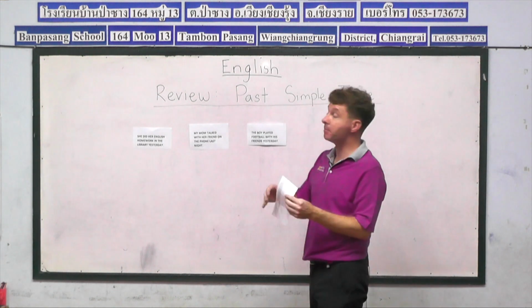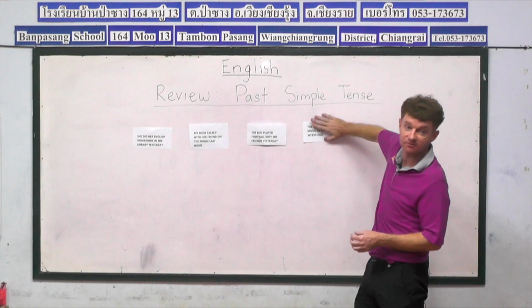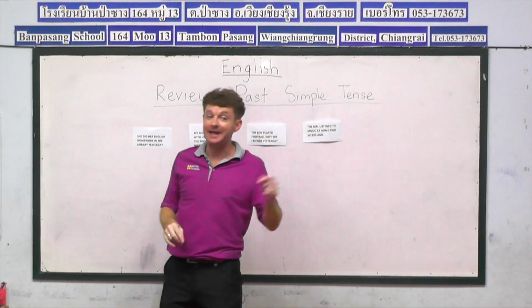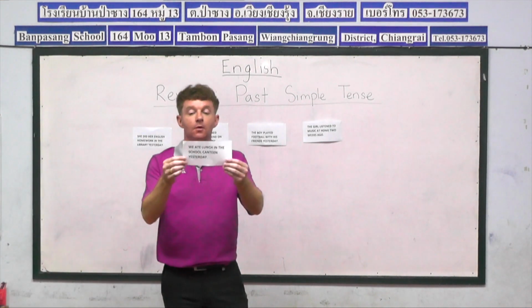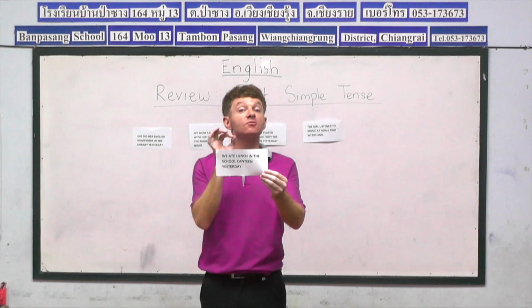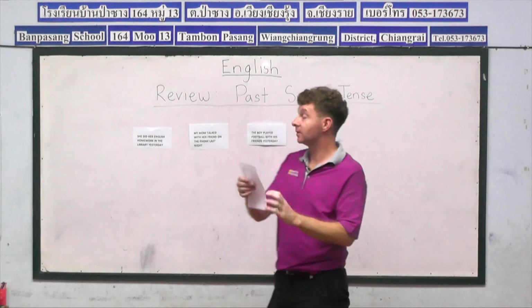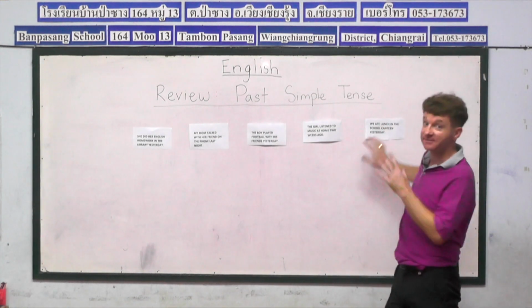Okay, and remember about the time markers, guys. Where did the time markers come in the sentences? At the beginning? No, at the end. And our final sentence we have, we ate lunch in the school canteen yesterday. Okay, so we have our 5 sentences on the board as an example.